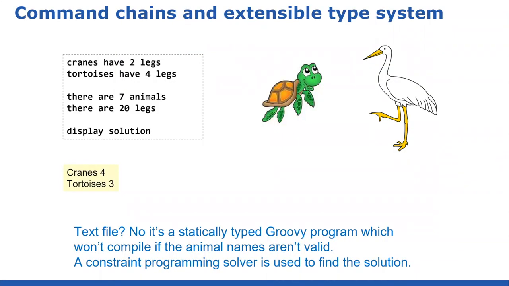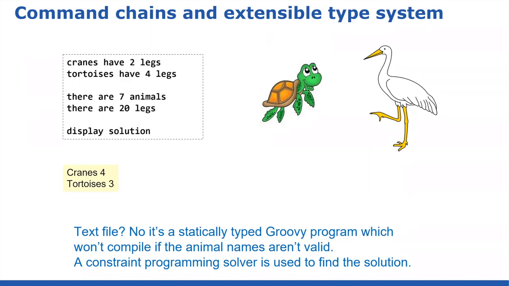Now this is just going back to the DSL information that I mentioned before. Up in the left-hand box on your screen, it looks like cranes have 2 legs, tortoises have 4 legs, so it looks like some text, but that's not a text file. That's a statically typed Groovy program.